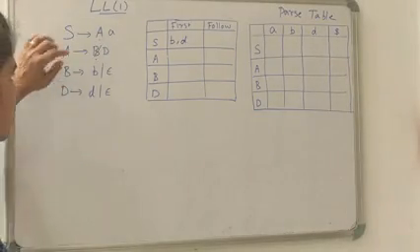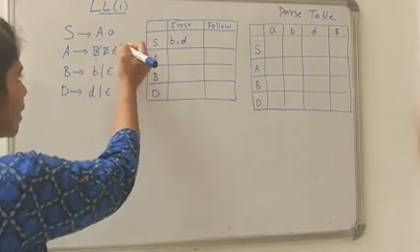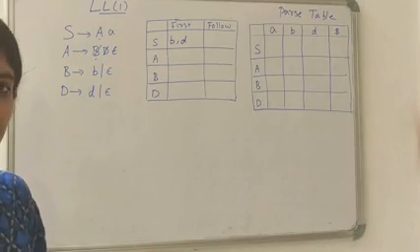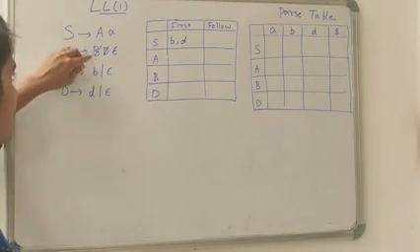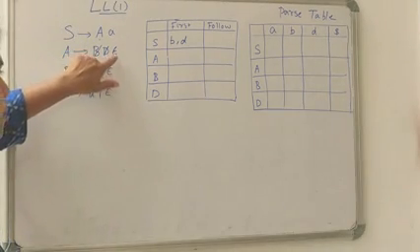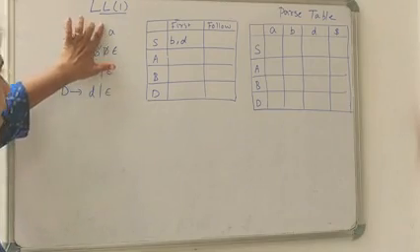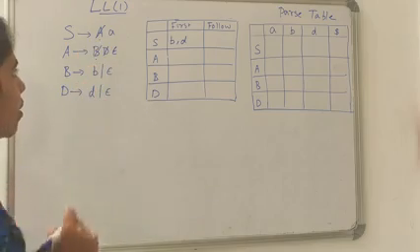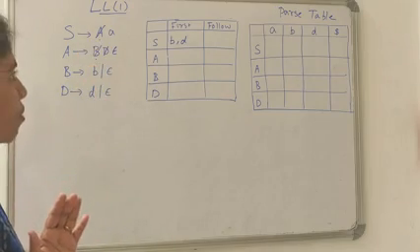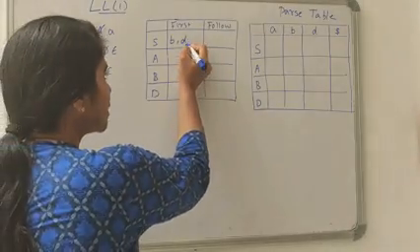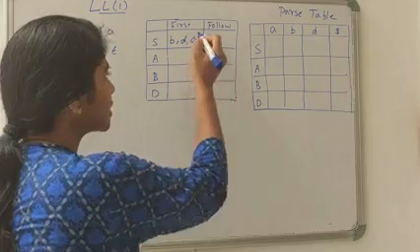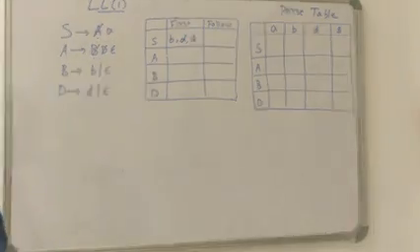So when you replace this D with epsilon, here remains epsilon itself. That means A gives epsilon. So what is the value of A now? It is epsilon. Then this epsilon can be used to replace the A here. Okay. Now what is the value of first of S? It is a. So first of S is b, d and a.